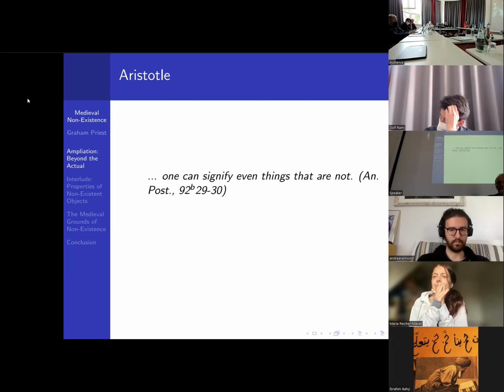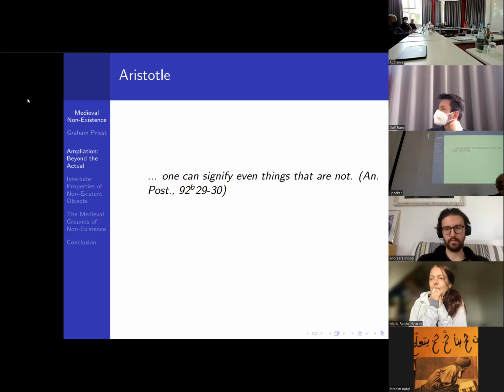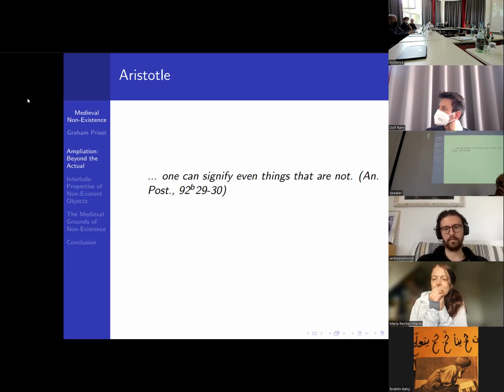But they're usually at pains to point out that this is just a bit of terminology to talk about the domain of quantification. And the existence there is no more than being in the domain of quantification, and the domain can contain fairy tale objects and things. So existence there is a kind of technical term, just meaning in the domain of quantification, which may contain what we think of as non-existent things.